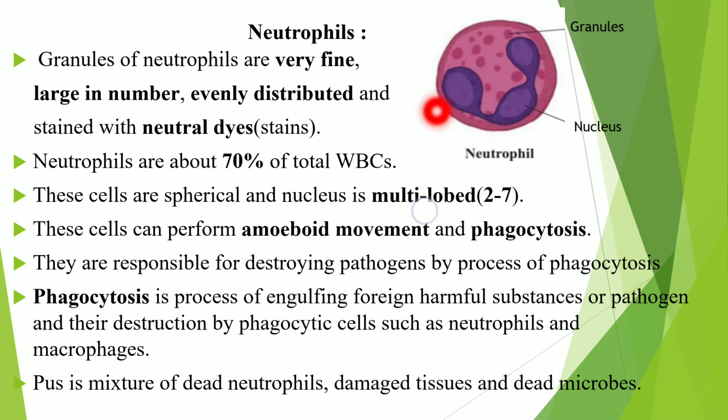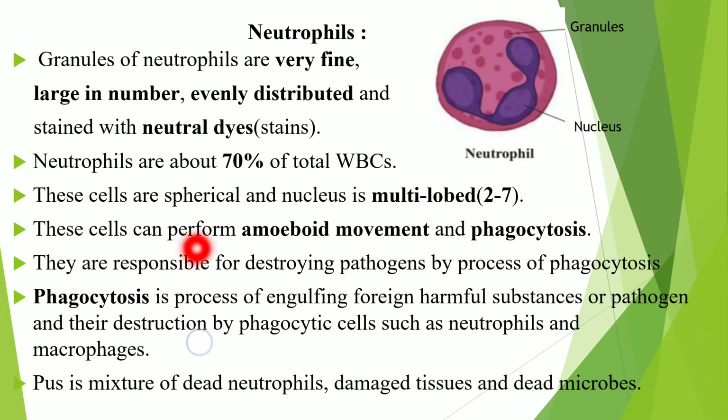Neutrophils are about 70% of total WBC. Now the cells are spherical in shape and they shows a multi-lobed nucleus. So this nucleus is either from 2 to 7 lobes, they are present in the nucleus.